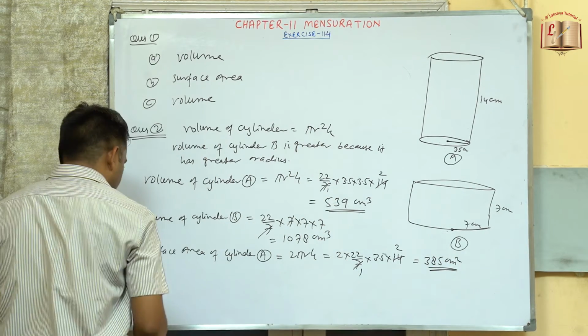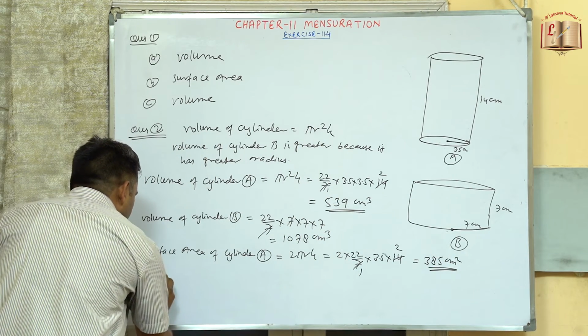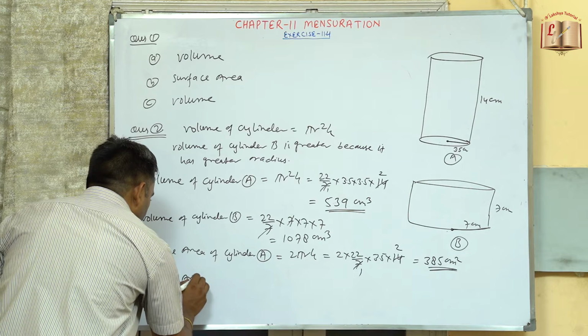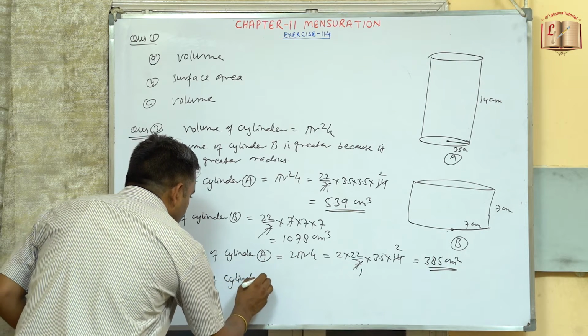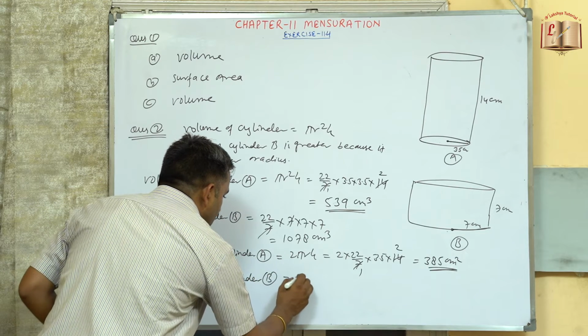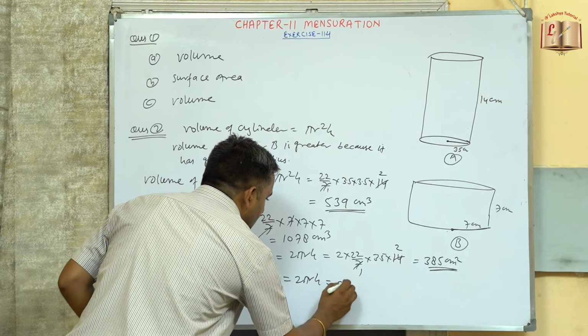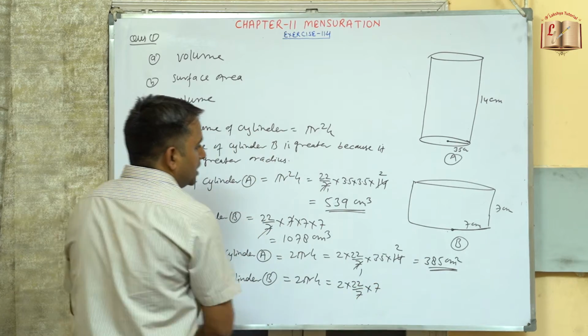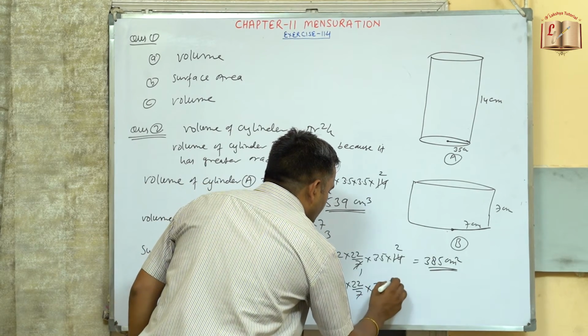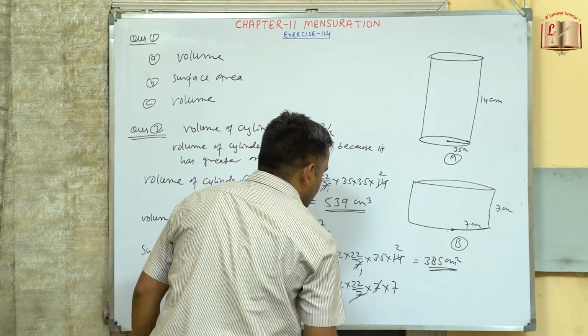Similarly, we will find the surface area of cylinder B. So this is again 2 pi rh. So this is 2 into 22 by 7 into r is 7 into height is 7. So this got cancelled.